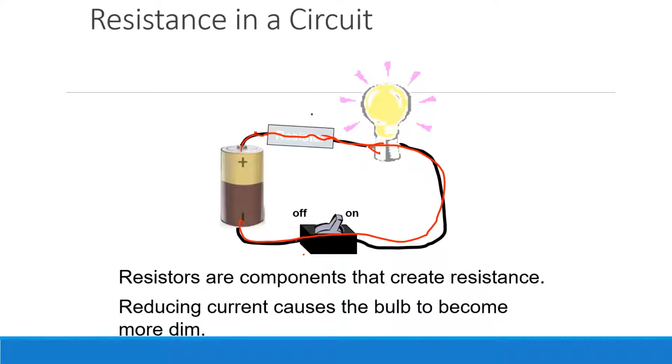So now the light bulb doesn't have as much voltage. The electrons can't spend all their voltage at the light bulb now. They have to keep some voltage in reserve so they can get through that resistor. And that's sort of how resistance works in a circuit.